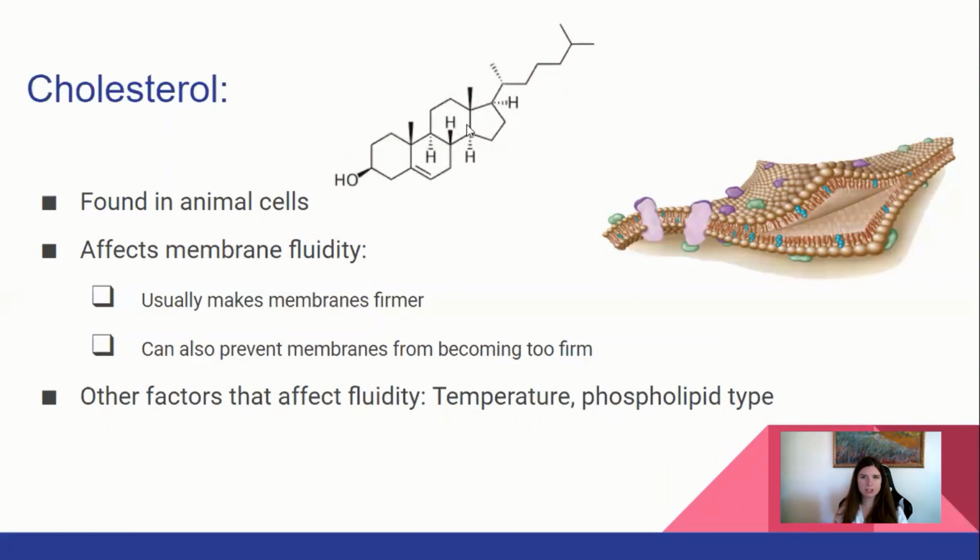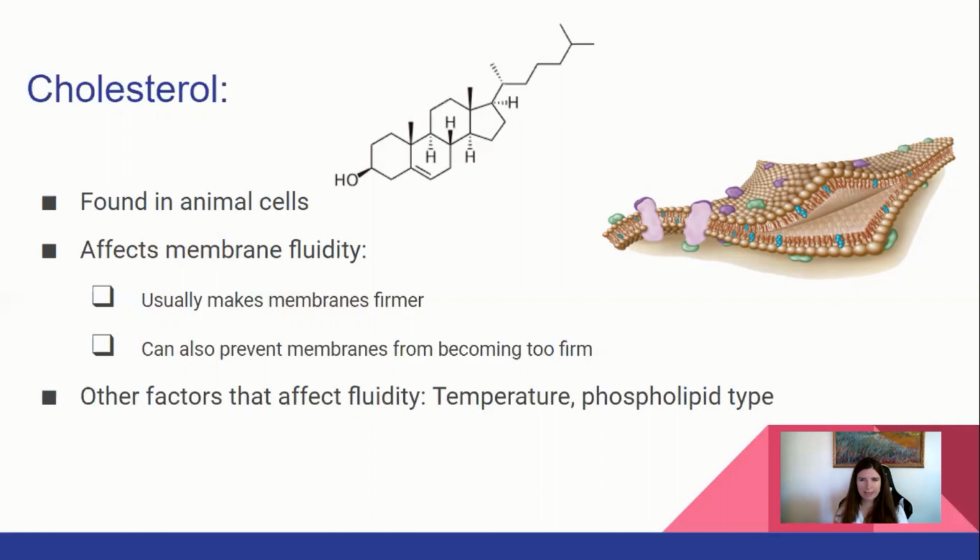So cholesterol is actually a second type of lipid that we're going to see in the plasma membrane. Now, it's found in only animal cells, and its main role is to affect the fluidity of the membrane, so to affect how much that membrane is able to move. Usually, cholesterol makes membranes firmer, so it makes them a little more rigid.